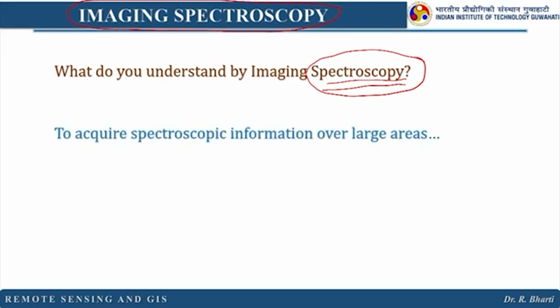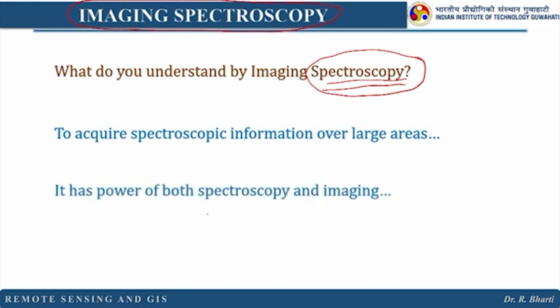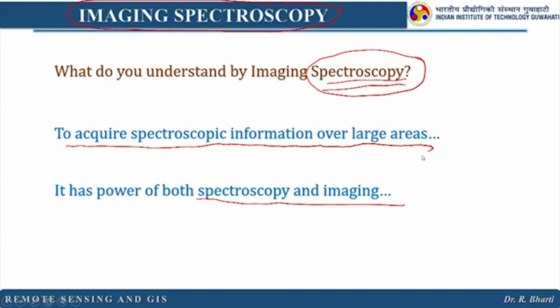You will have images, right, plus spectral information. So it has both spectroscopy and imaging power, and it acquires spectroscopic information over a large area. So that is your imaging spectroscopy.